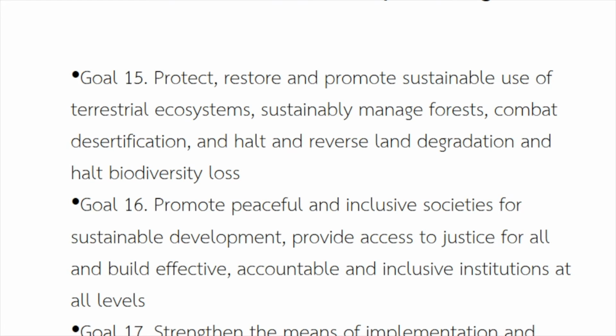Land degradation, so halting and reverting land degradation, is also one of these smaller goals. Land degradation is basically the loss of productivity of different types of land. And this has a lot to do with agricultural production. In agriculture, many times we use chemical pesticides and fertilizers to increase agricultural productivity. But these chemical products do have a negative effect on the soil, on the quality of our land, because they degrade the land.